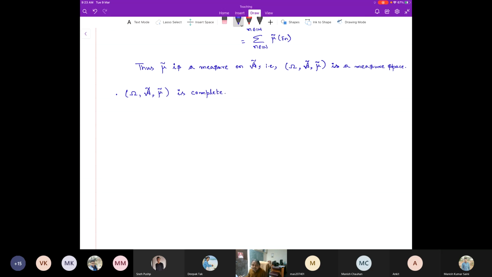How do you show that it is complete? We will pick any B from A tilde whose measure is 0 with respect to mu tilde, and we will show that each subset of B is contained in A tilde.